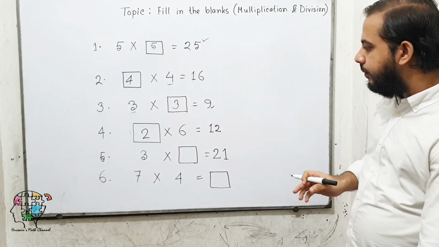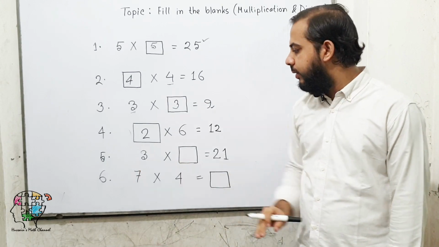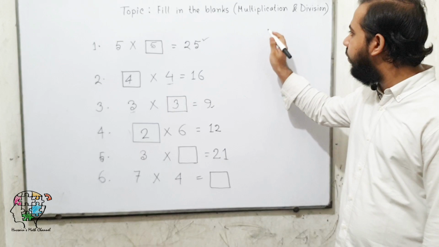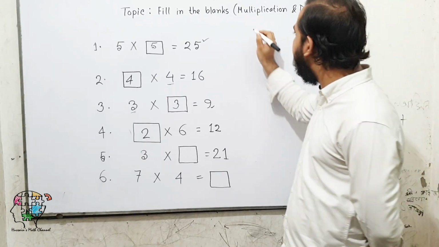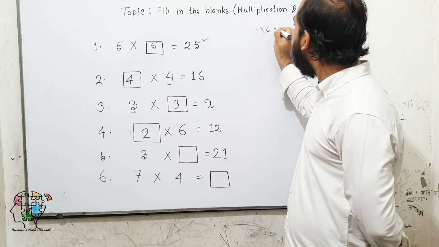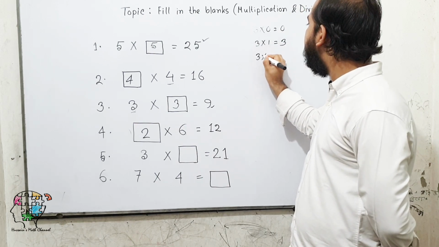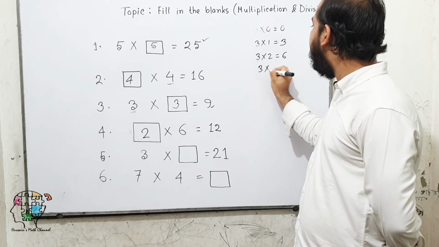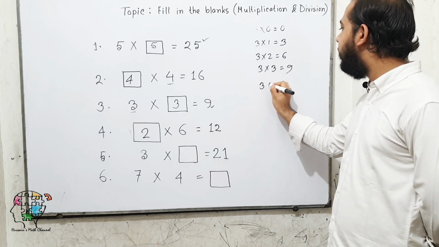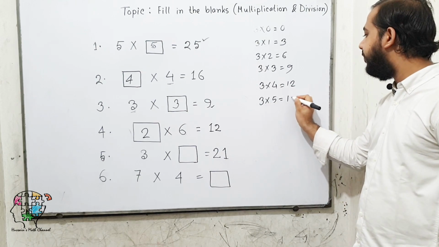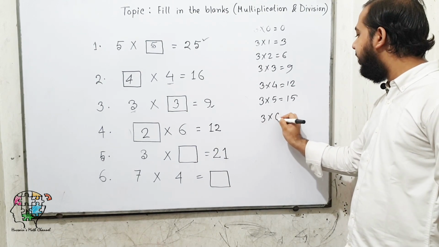Now next one, question number 5. 3 and 21. So we have to recite the multiplication table of 3. 3 zeros are 0, 3 ones are 3, 3 twos are 6, 3 threes are 9, 3 fours are 12, 3 fives are 15, 3 sixes are 18.